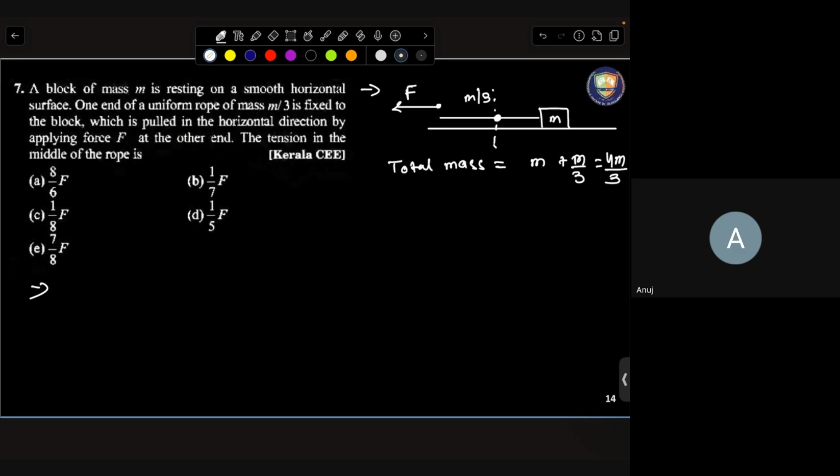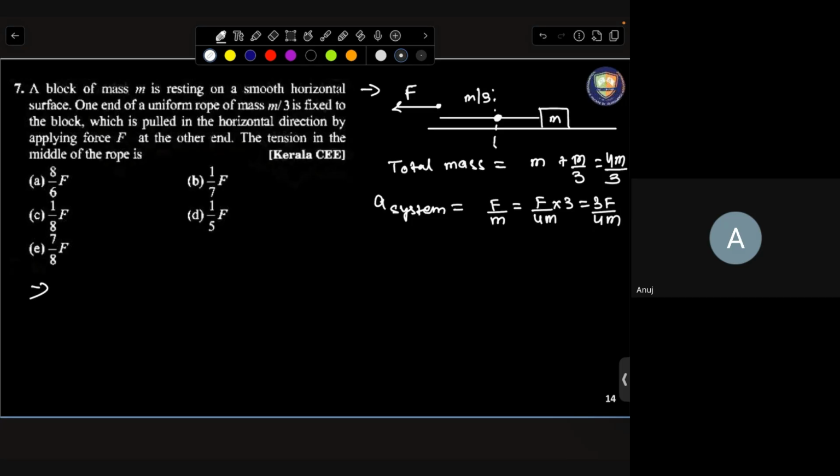If you know the total mass, the acceleration of the system will be force by mass. Here force is F, but the mass of the system is 4m by 3, so acceleration is 3F by 4m. Now, tension at the middle must pull the block M, correct?